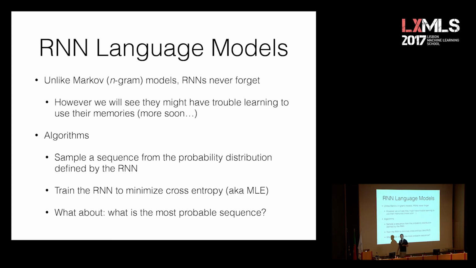So if you started a sentence with a question word like what, it's probably an indication that when you get to the final punctuation in the sentence, you better predict a question mark. And if you sample words from these trained models and compare a recurrent neural network to a Markov model, you will in fact see that the RNN is very good at learning this correlation: if you start with question words, you better end with question marks.